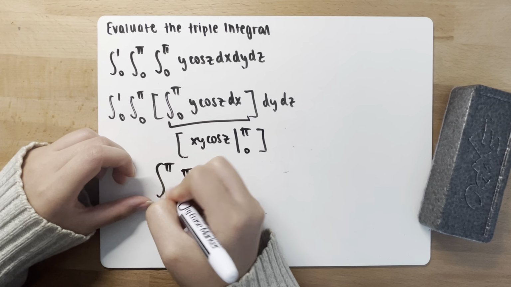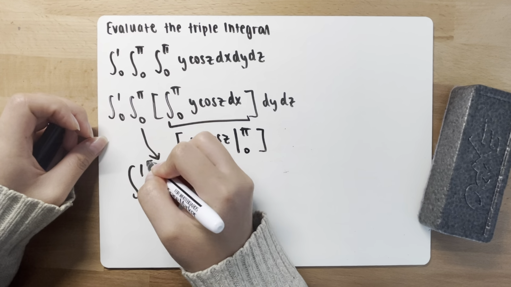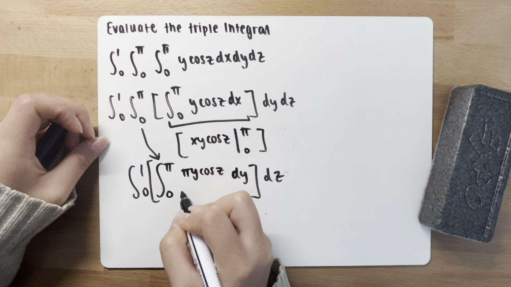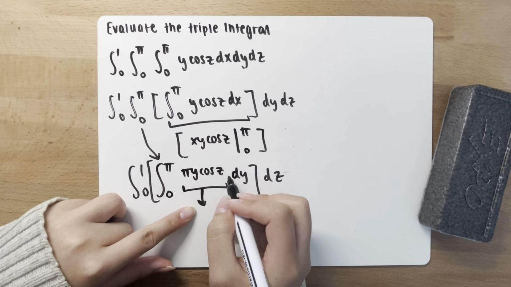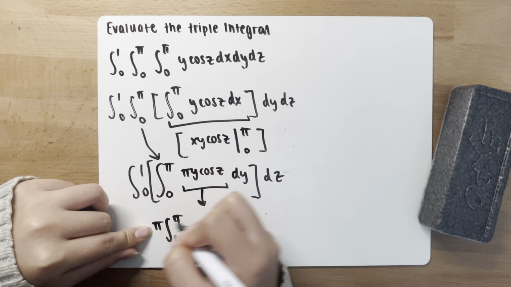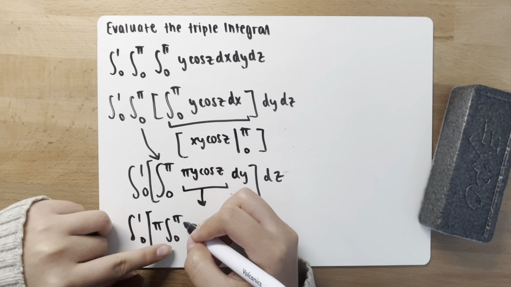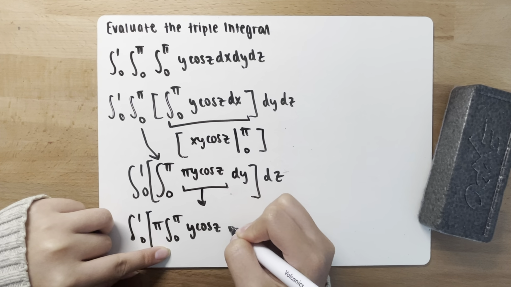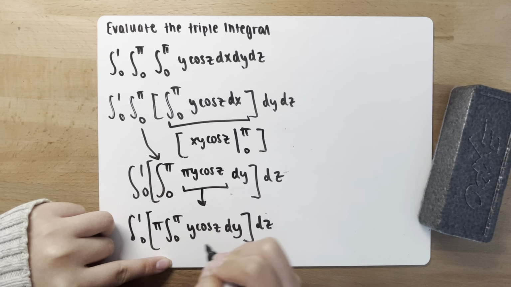Now, moving on to this one, dy. When evaluating this, you can take out the pi, so you are left with pi times the integral from 0 to pi of y cosine z dy dz.